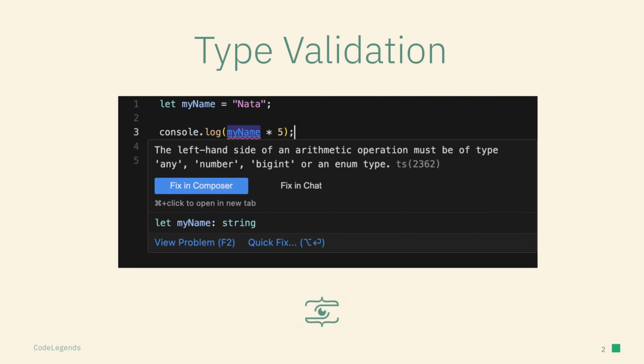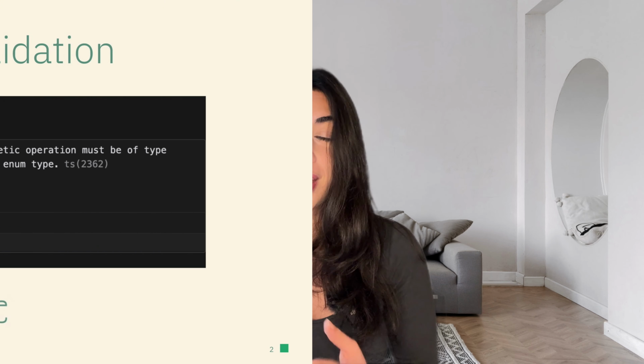It also provides helpful hints as you write, guiding you to write your code correctly. While TypeScript doesn't replace tools like ESLint or automated tests, it adds an extra layer of confidence by catching your issues before you even run your code.